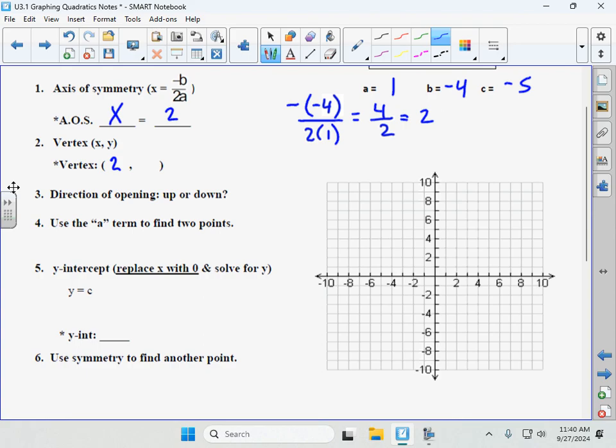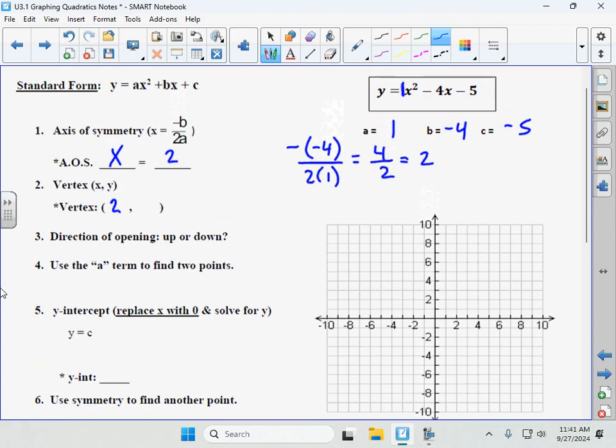So what we're going to do is go back to our equation, y equals x squared minus 4x minus 5, and substitute 2 in for all the x's. So y equals 2 squared, use parentheses, minus 4 times 2 minus 5.